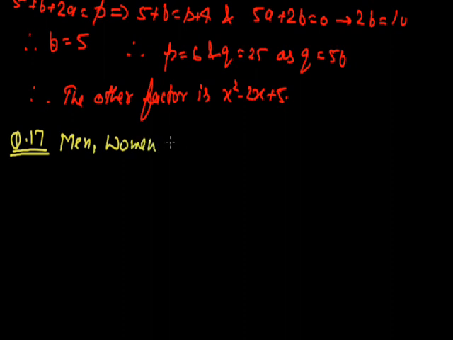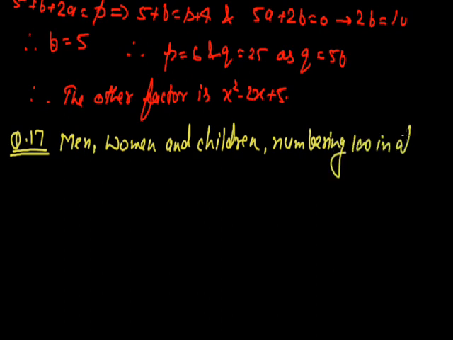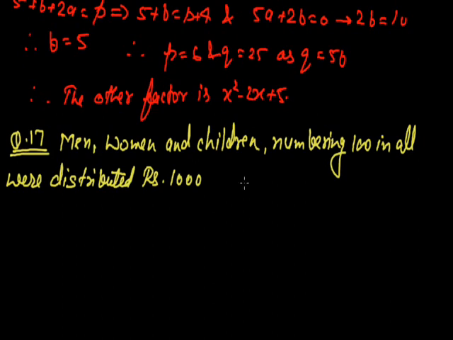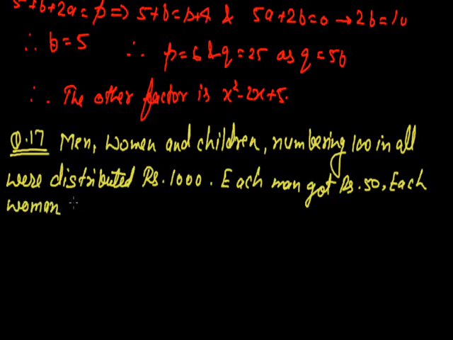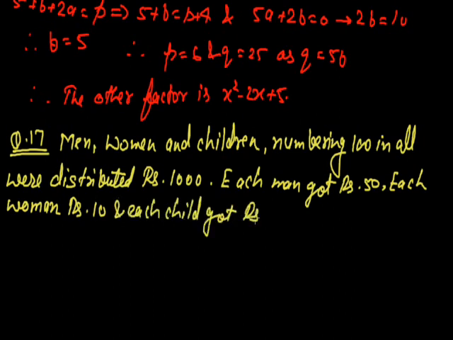Moving to our next question, question number 17, that is given to us as: men, women and children numbering 100 in all were distributed rupees 1000. Each man got rupees 50, each woman rupees 10 and each child got rupees 0.50.